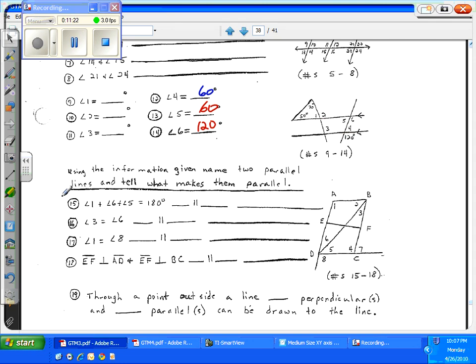So if this is 120, then this is 60, and this is 120, and angle 5 is 60, and we can't jump across that barrier because we don't have parallel lines. This is not parallel to this, so we can't jump across there. So we're going to have to do something totally different on this side over here.